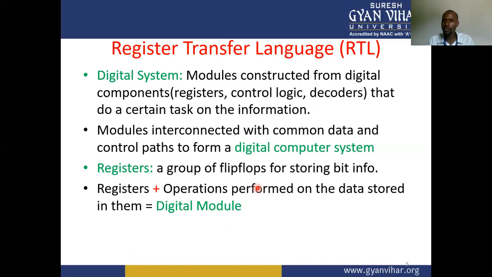What are flip-flops? Flip-flops are storage units that you can use, and they hold binary information, that is zeros as well as ones. Registers plus the operations performed on them make up what is known as a digital system.